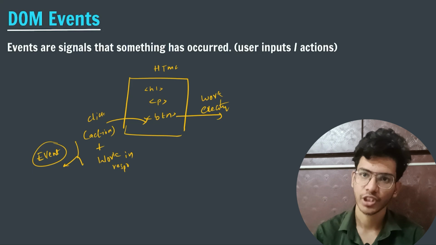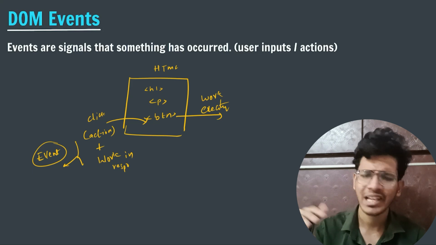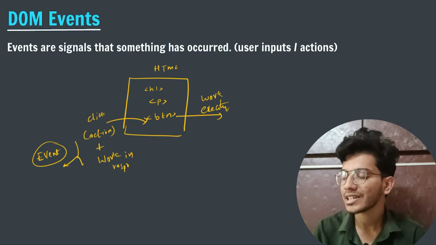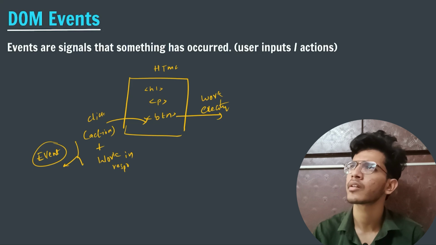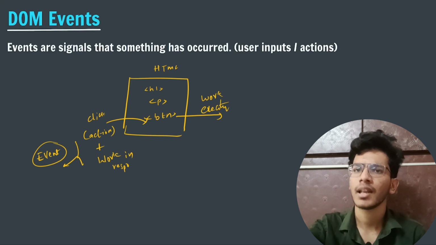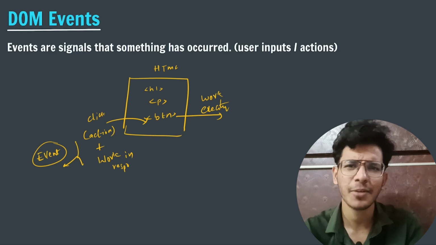Now why do we use it? I can give you use cases of events in general development. For example, let's say I have a form web page. A form is a perfect example.